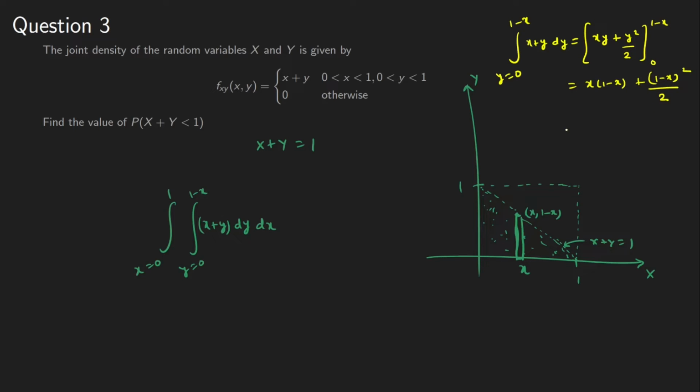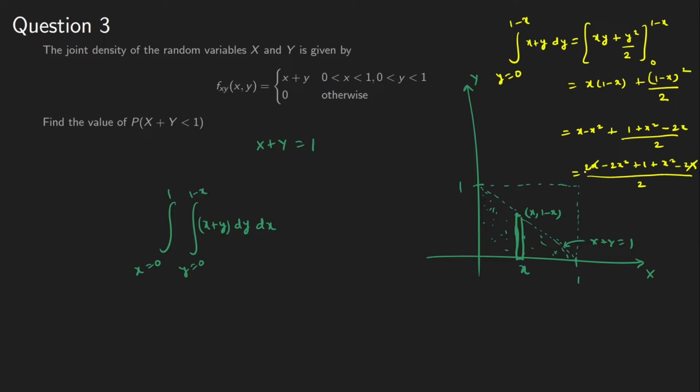So we can simplify this expression as x minus x squared plus 1 plus x squared minus 2x by 2. It will become 2x minus 2x squared plus 1 plus x squared minus 2x divided by 2.